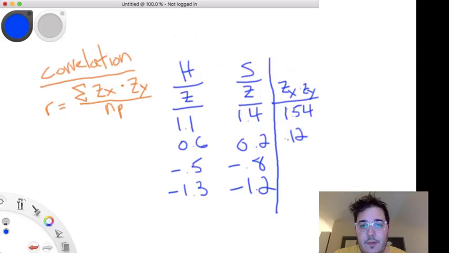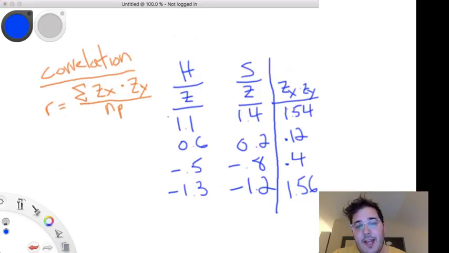0.12. Negative 0.5 times negative 0.8 is 0.4. And then negative 1.3 times negative 1.2 is 1.56, right?